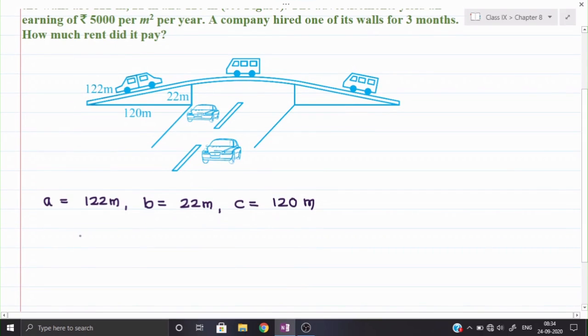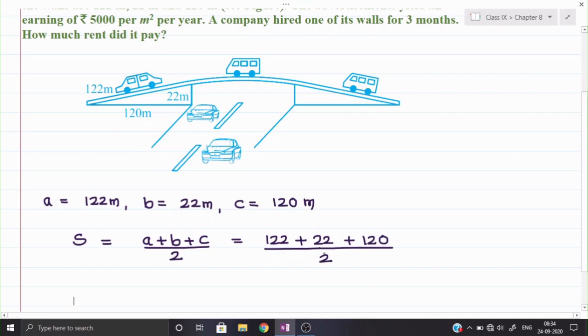Semi-perimeter. Semi-perimeter we denote by the symbol S. The formula is (A plus B plus C) upon 2. Put the values of A, B and C: (122 plus 22 plus 120) divided by 2.